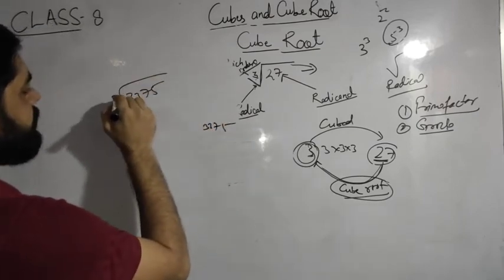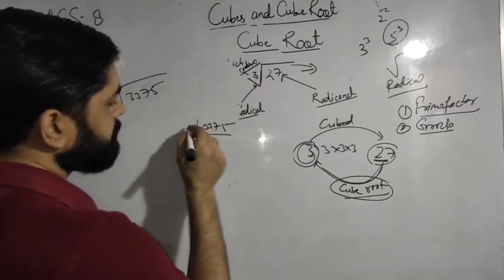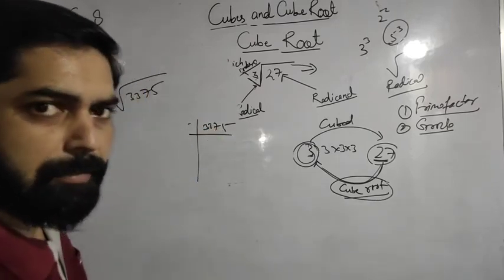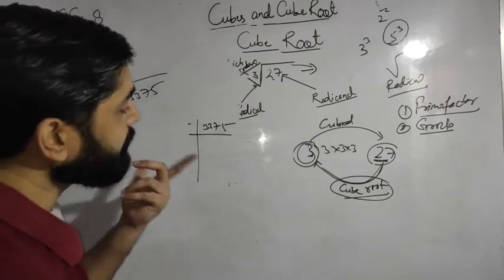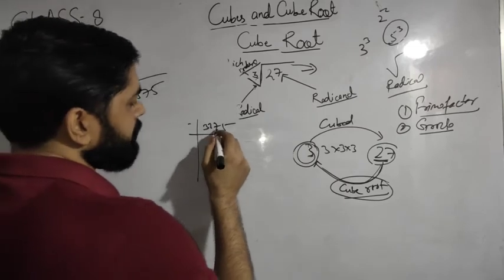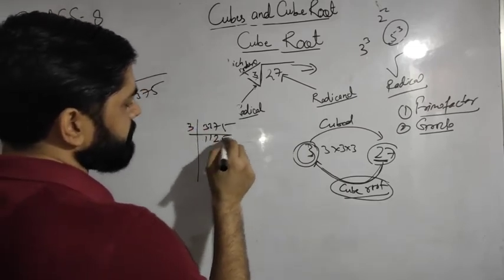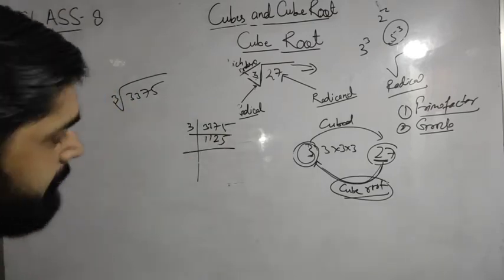Then we write this number under the symbol. This number is divisible by which number, 3 or 5? You can try 3: 3 ones are 3, 3 twos are 6, 3 fives are 15. Is the number divisible by 3?